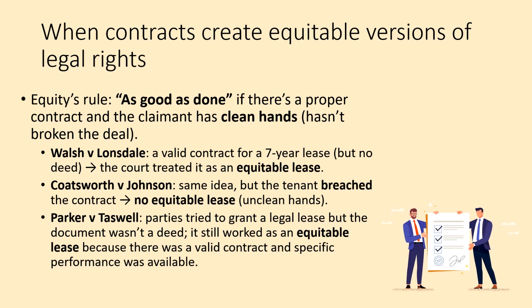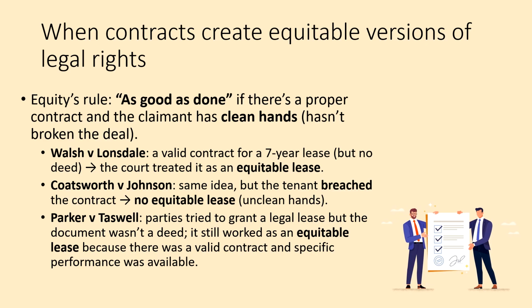case law is Parker versus Taswell, and this is a bit of a more curious one, where the parties try to grant a legal lease, but the document wasn't actually a deed, and then lots of things were going a bit wrong there.